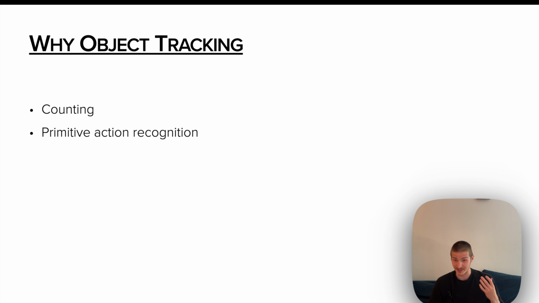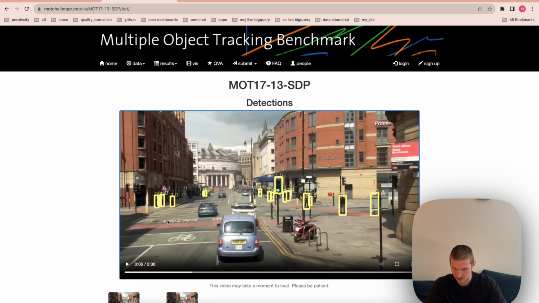So for example, for traffic control, let's say here a U-turn might be forbidden, so you forbid cars to do a U-turn here. But then if you just look at the car that is maybe doing something, and if you just look at the image, again, it's really hard to tell what the car is doing. Is it just standing there? Is it performing just a normal left turn or right turn?